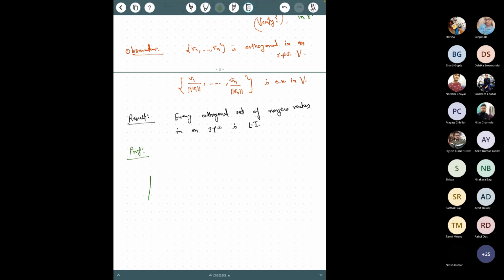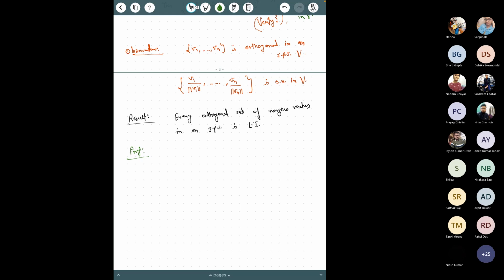Sir, we have to make two cases, one for finite and one for infinite. But why consider two different cases? Let's say first you tell me about finite. Then we consider some elements in the orthogonal set, suppose s1, s2, s3, up to sn, take their linear combination with coefficients alpha i, and put it equal to 0.